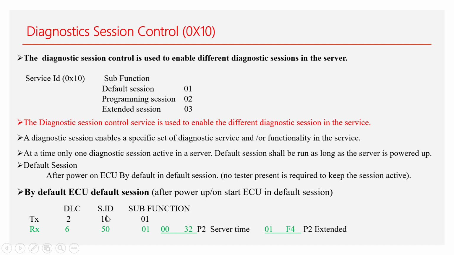The ECU will send the response: 50 10 00 32 is the P2 server time, and 01 F4 is the P2 extended time. I will explain P2 and P2 star time in a further session.